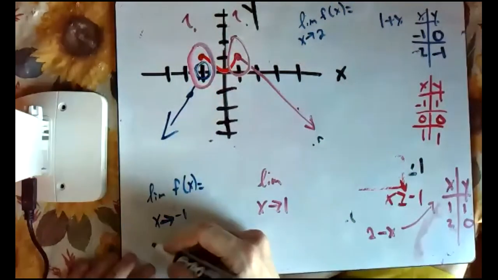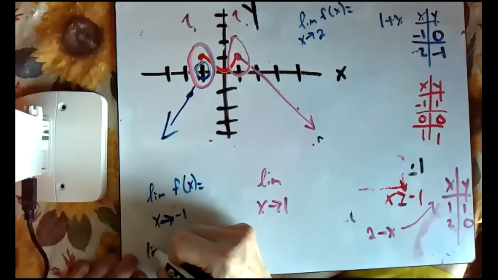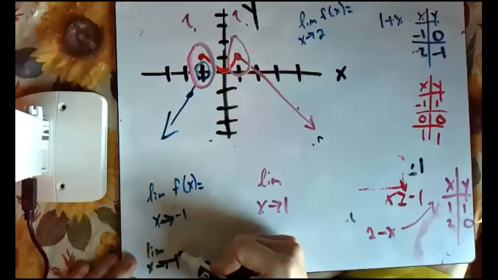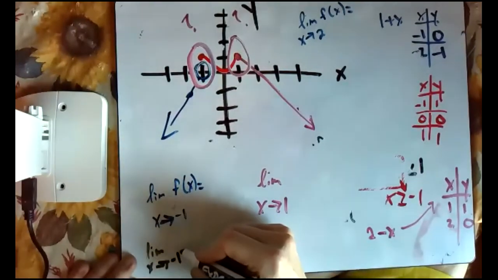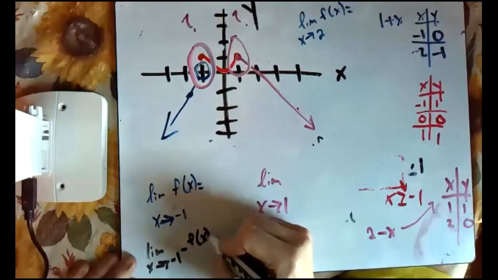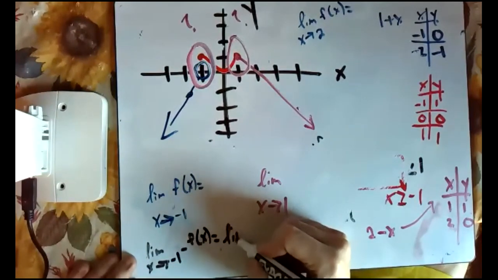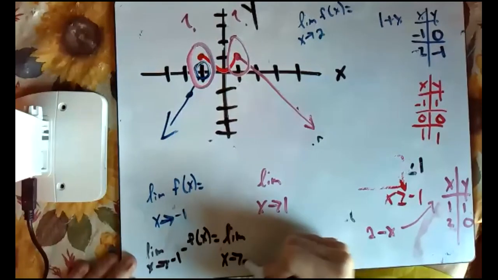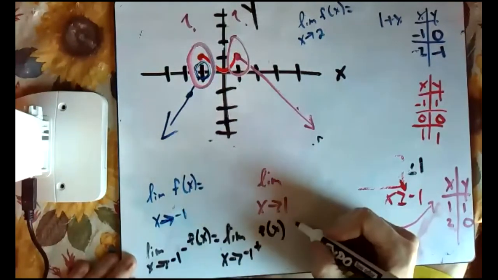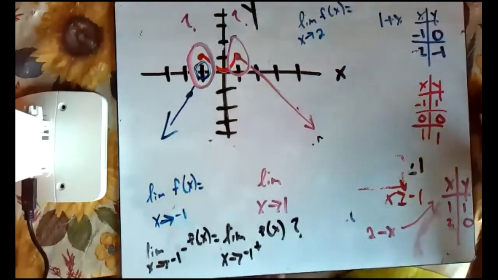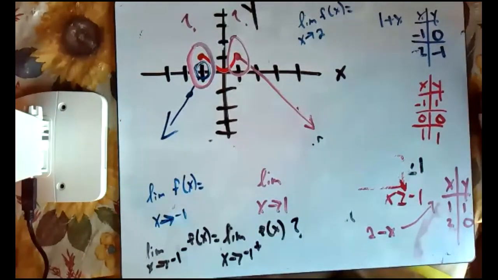So does the limit as x approaches -1 from the left of f of x equal the limit as x approaches -1 from the right of f of x? Is that going to be a true statement?